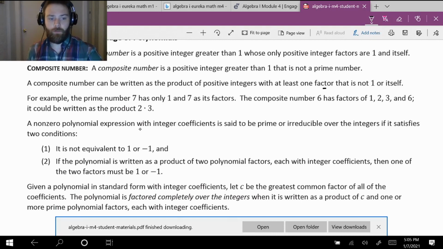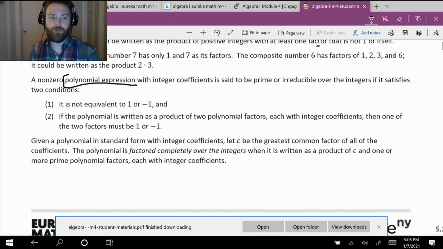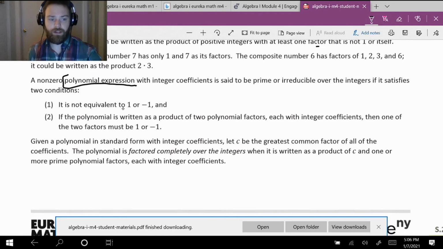A non-zero polynomial expression, so a polynomial, we'll get to that term, with integer coefficients is said to be prime or irreducible over the integers if it satisfies 2 conditions. So we're talking about polynomials that are prime. 1, it is not equivalent to 1 or negative 1. And if the polynomial is written as a product of 2 polynomial factors, each with integer coefficients, then one of the 2 factors must be 1 or negative 1.